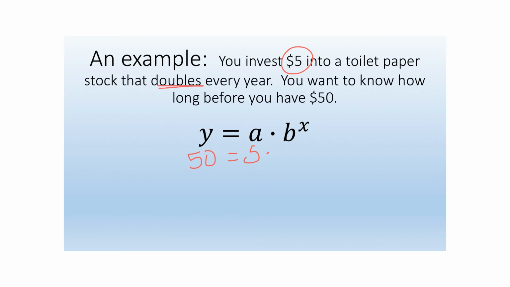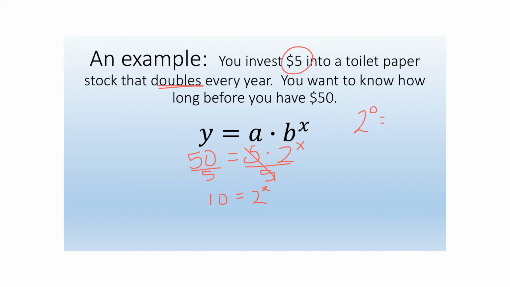B is still the fact that it doubles, but we don't know x because we want to know how long, and that's a time variable. So in order to solve this, I would divide by 5, which would leave me with 10 equals 2 to the x. Now we haven't learned logarithms yet, so we're just going to do kind of a guess and check type of thing.